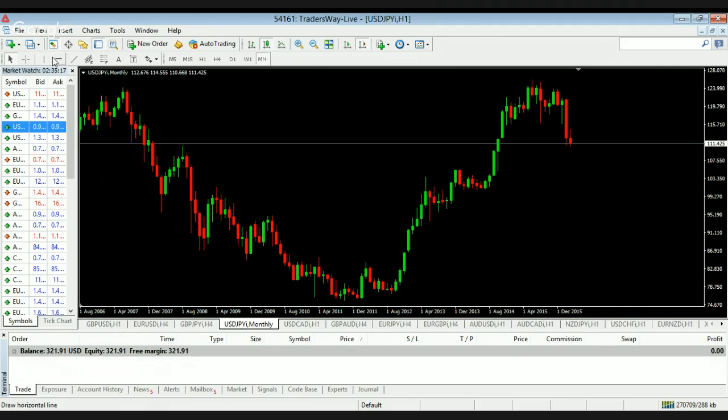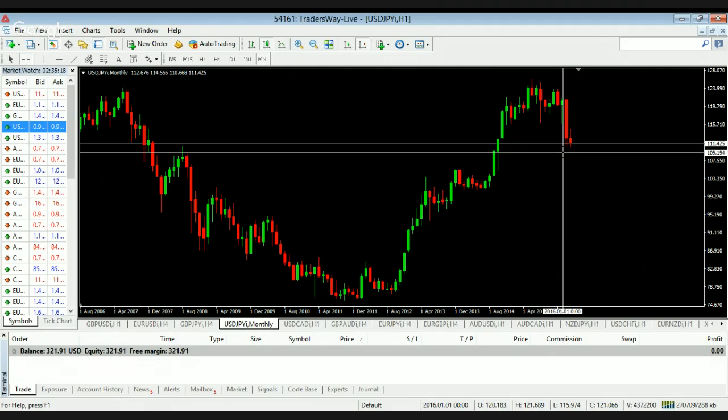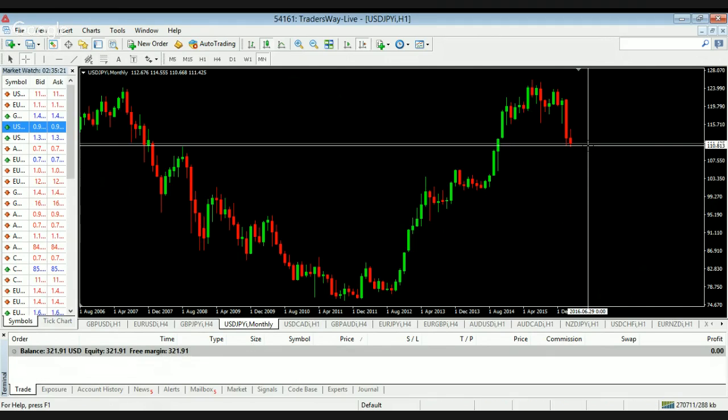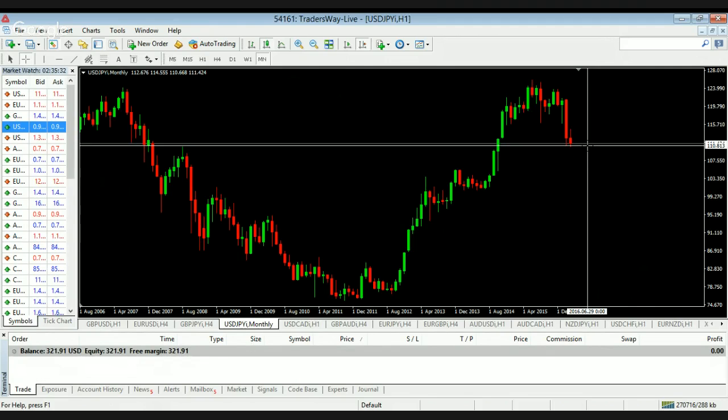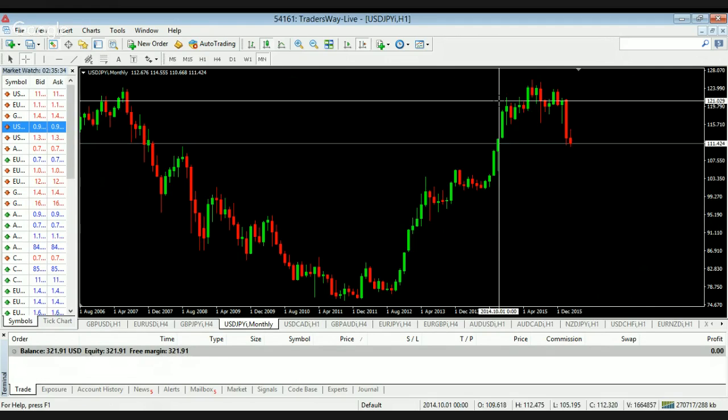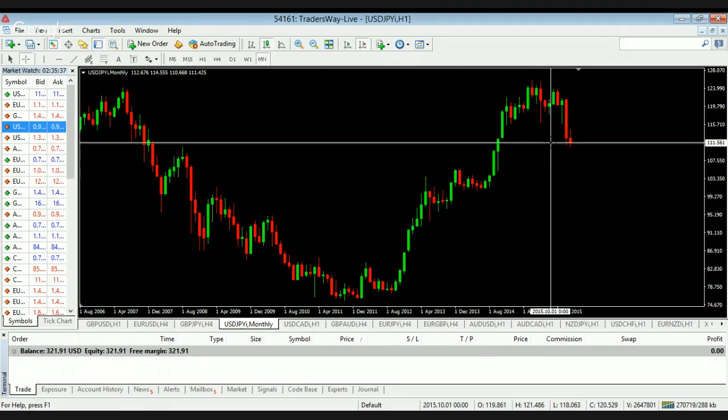Now it's basically hit a support. So we got buyers kind of pushing price back up, letting them know, hey, you've come down enough here. It's hit a breaking point, and buyers are trying to push price back up. But as of right now, USD JPY is on a downtrend. That's what the monthly time frame is showing us.